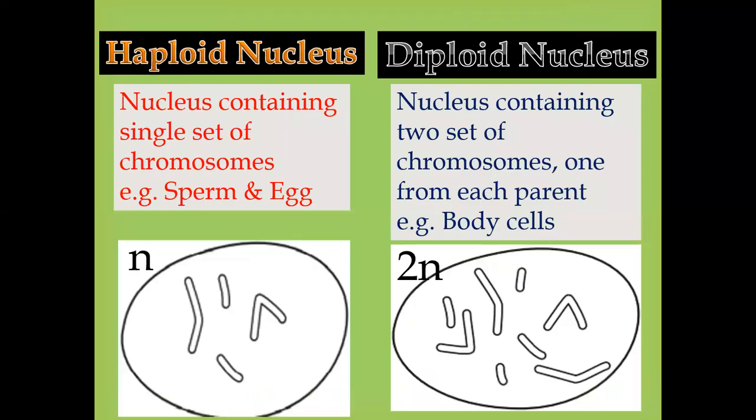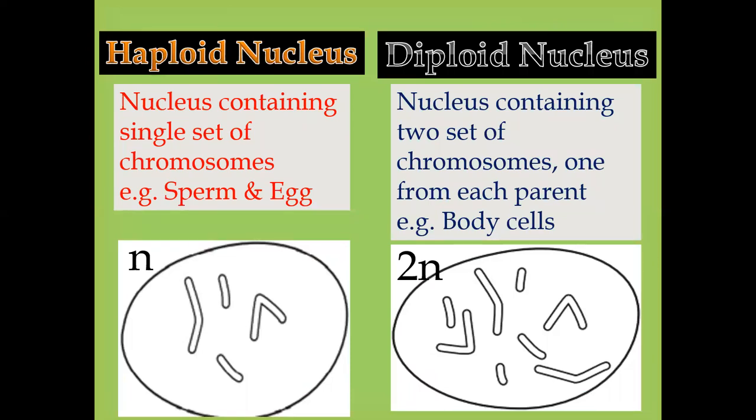The next concept is haploid and diploid. A nucleus containing a single set of chromosomes, for example, the gametes, the male producing sperm and the female producing egg, contains a half set of chromosomes. It is represented by 1N, and it is haploid.